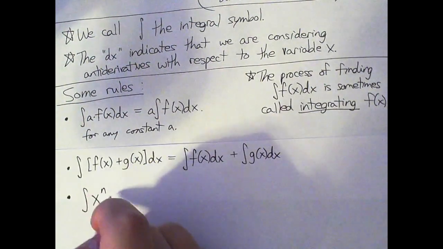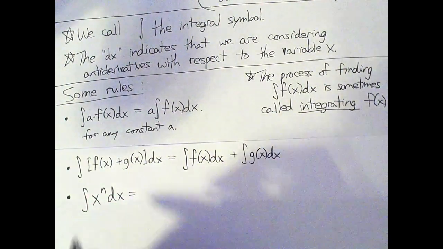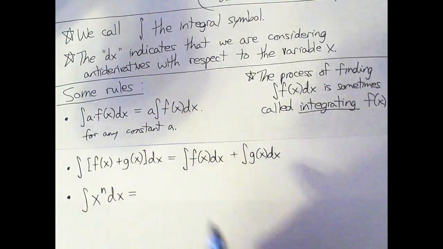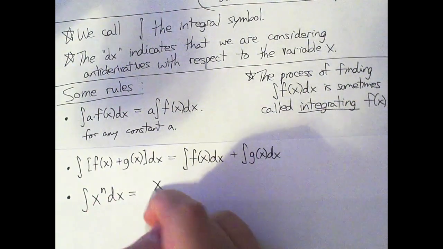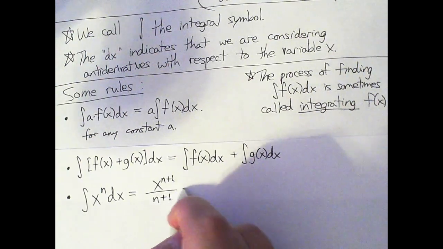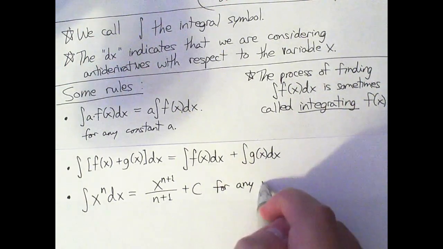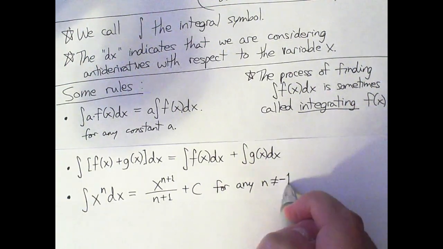Here's one that we said earlier. The indefinite integral of x to the n. We had that general rule for this, and it was x to the n plus 1 over n plus 1 plus c. And this is true for any n besides -1.